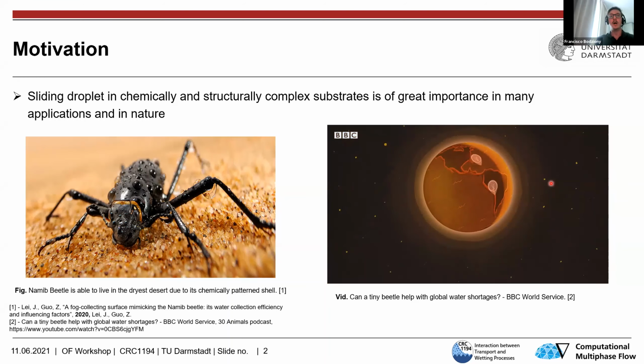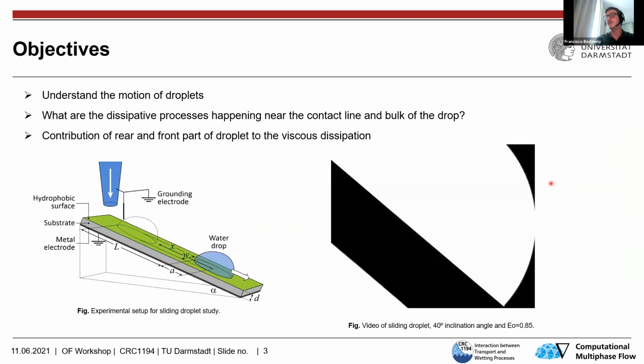Because of this, the study of the motion of droplets is very interesting and also very important. But the correlations and the physics behind this are not very well understood, especially the dissipative forces happening in the bulk of the droplet and near the contact line, and also the contributions arising from the rear and the front part of the droplet.